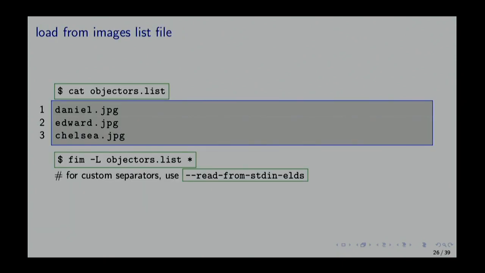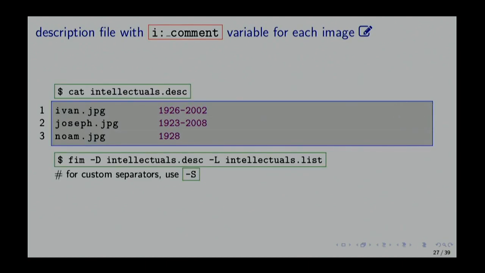Okay, did you know that with FIM you can even load files from a file name list? Okay, this sounds boring. Sounds boring, but maybe it's nicer if you learn that with FIM you can write files with the file name and a description. Okay, maybe it could be even useful in a few situations.